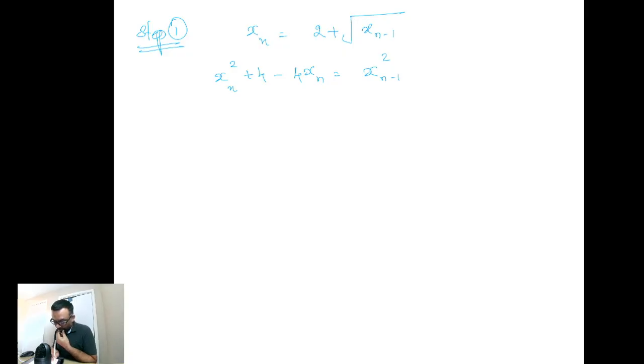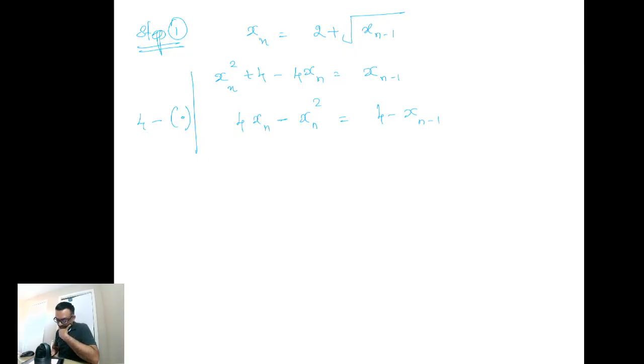Oops, sorry, there's no square here. It's just that the square root goes off and then you will just get an xn minus 1. My bad. So you will just get 4 times xn minus 1, right?